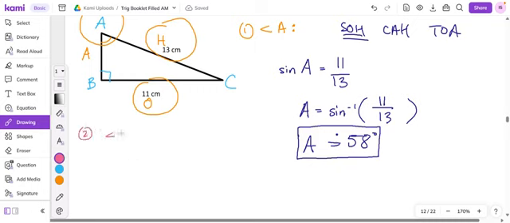Next, let's find angle C. As soon as we have 2 of the angles, we can use the sum of angle theorem. And so the sum of angle theorem says that angle C is 180 degrees minus the other 2 angles, minus 90, minus 58.